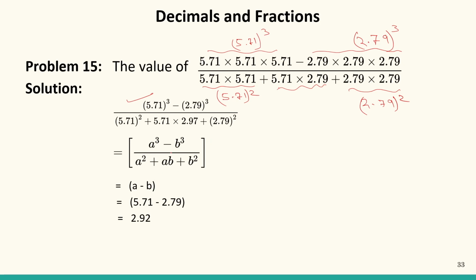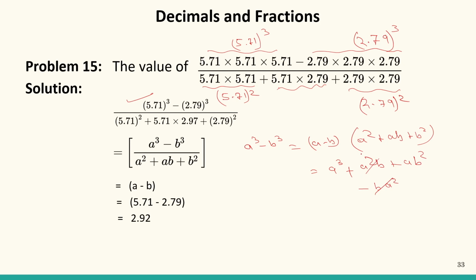Because a cube minus b cube is actually equal to a minus b into a square plus ab plus b square. Multiply these two and you will get a cube minus b cube. If we multiply this, a cube minus a square b, sorry, plus a square b plus ab square, then we are left with minus ba square.